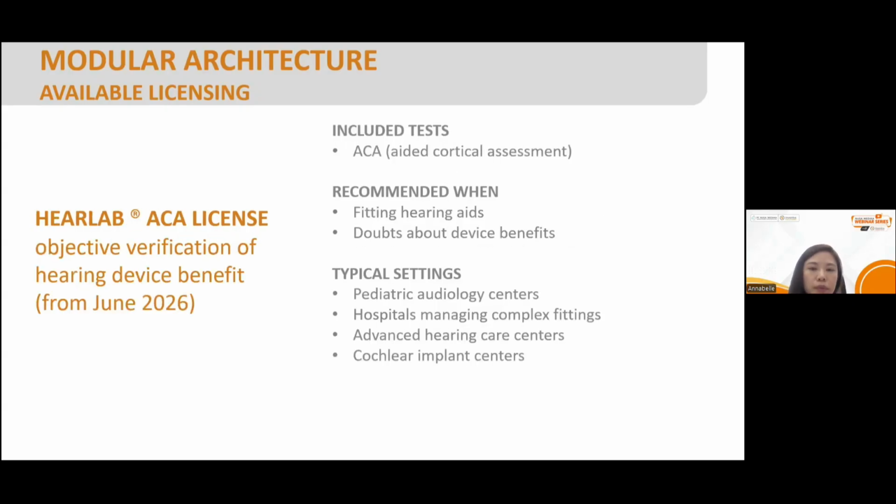Okay, for the latest part, the HEARLab ACA license is for aided cortical assessment. I think this is very good for when you're fitting hearing aids and you can't really tell whether your patient, after fitting the hearing aid, gets any real benefit after they put on the devices, like for young kids or some mentally challenged patients.